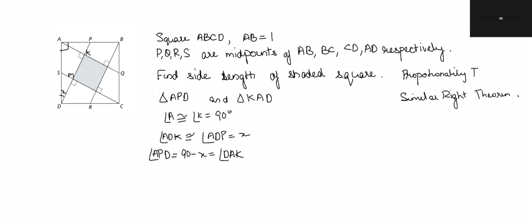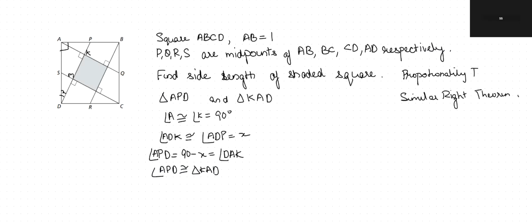So angle A is equal to K, angle D is equal to D, and angle P is equal to angle A. So these two triangles, APD, I can write here, APD is similar to KAD. Okay.